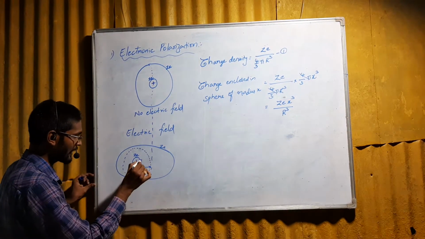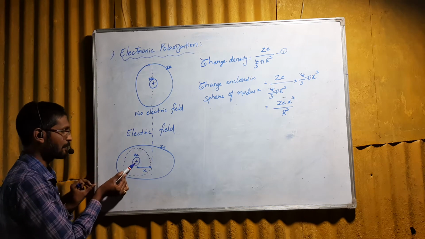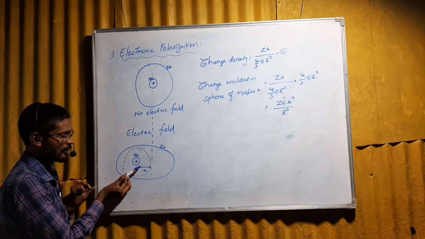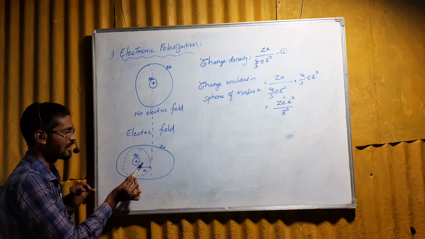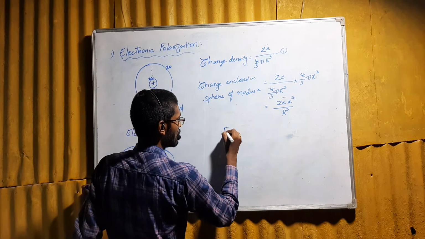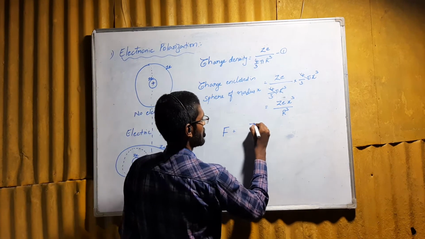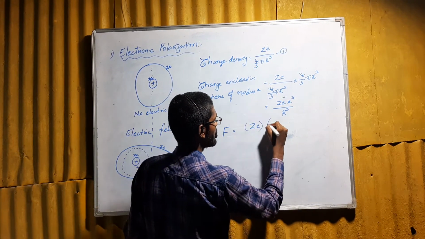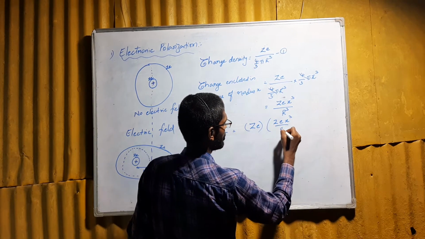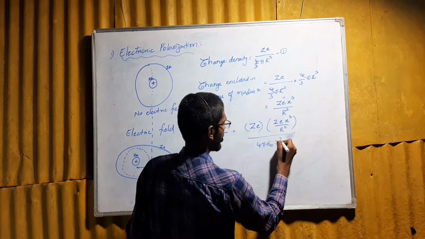Now, the electron cloud which is in the sphere of radius x will apply some attractive force on the nucleus. So some attractive force will be present between the nucleus of charge Ze and the charge enclosed in the sphere of radius x. The force acting on this nucleus due to the electron cloud of the sphere of radius x can be given as Ze, that means the charge of the nucleus, into the charge enclosed in the sphere, Ze x cube by r cube, whole divided by 4 pi epsilon naught x square.